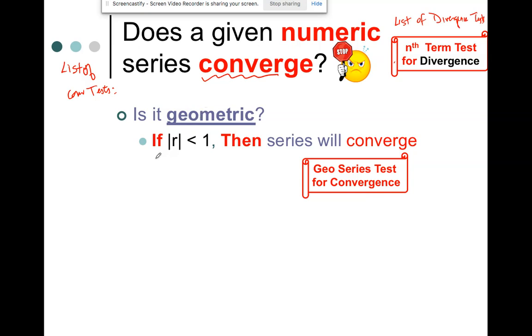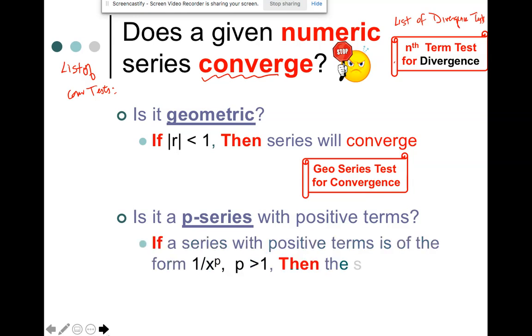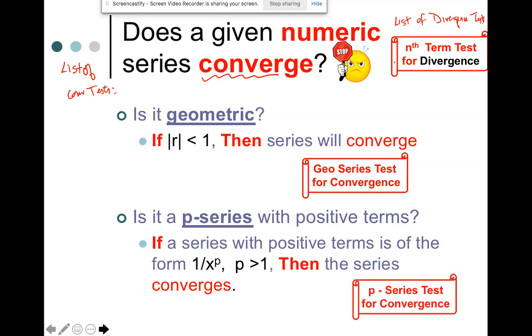Geometric: if the absolute value of the common ratio is less than 1, the given numeric series will converge. That's the geo series test for convergence. Is it a p-series, where all my terms are positive? As long as p is strictly greater than 1, then the series will converge. That's the p-series test for convergence.